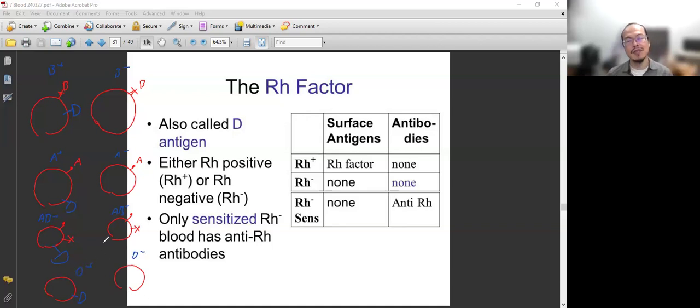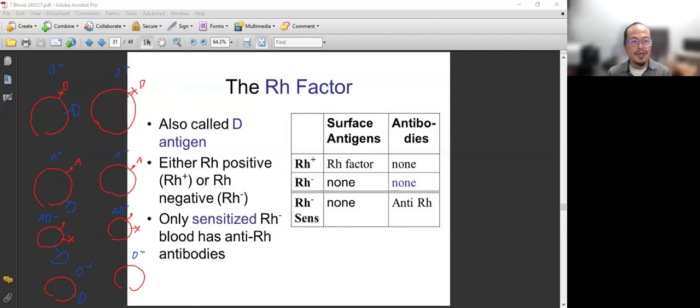So with the antigen D, you will mark these types with a plus on top of that blood type. So whether that's B minus or B plus, A minus or A plus, AB minus or AB plus, O minus or O plus. The thing about the antigen D is that there is no antibody D.